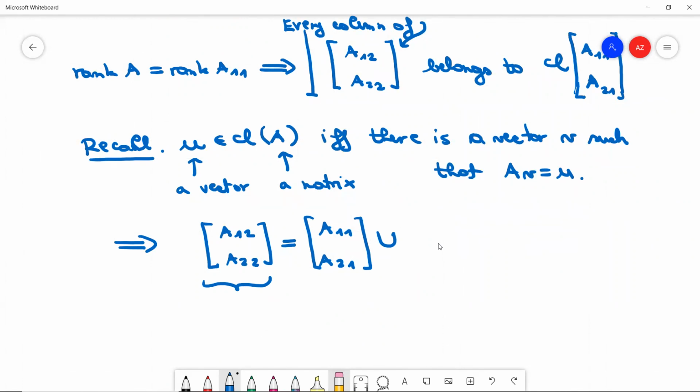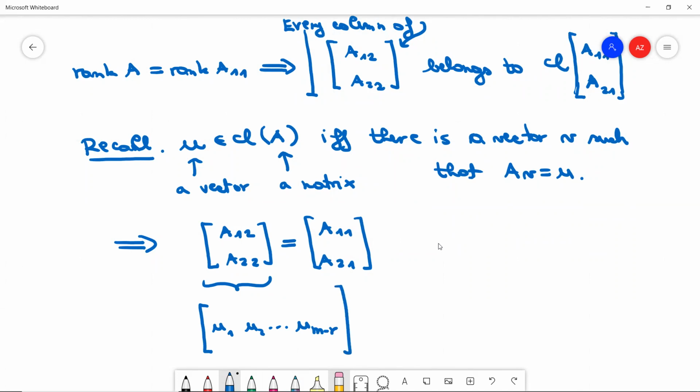So let's write this in a more concise way, in the column notation. We have here vectors U1, U2 up to U m minus r.